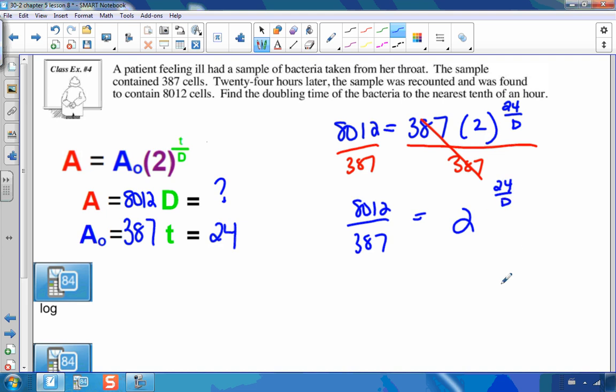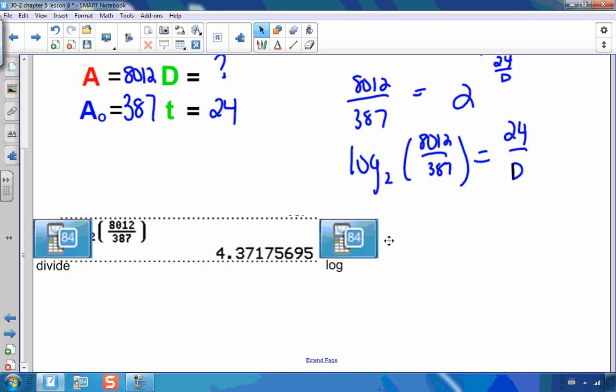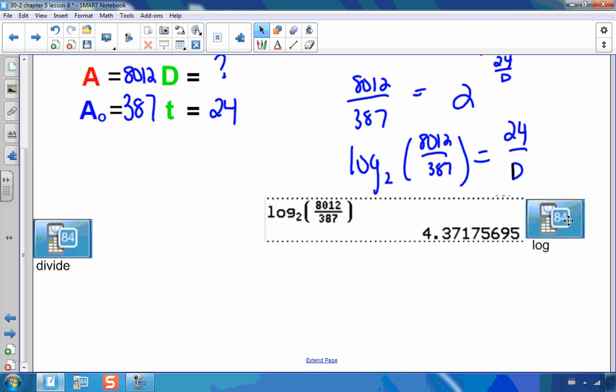So it's 4.37, etc., equals 24 over d. Now what I want to do is isolate my variable, so I'm going to multiply both sides by d. So I have d multiplied by 4.37, etc., equals 24.